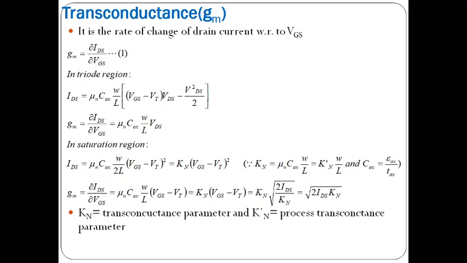So we can write IDS equals to Kn into (VGS minus VT) whole square also. By differentiating with respect to VGS, we get the gm value: mu n Cox W by L (VGS minus VT).